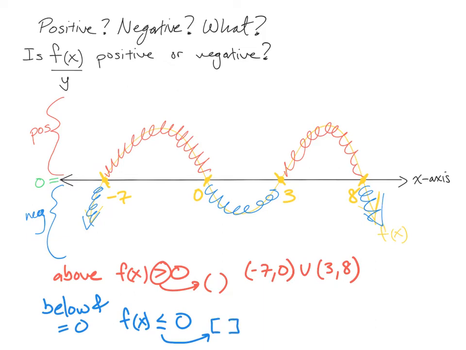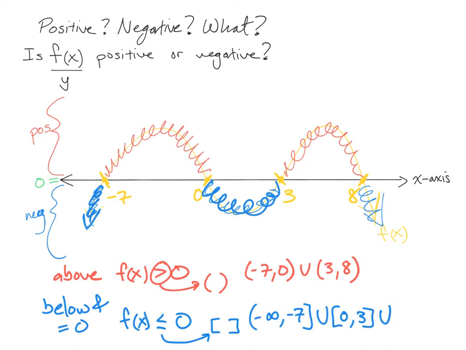And in this case, that's all of this, so we would have to start at -infinity and stop at -7, and between 0 and 3, but we would include those values because of the equal to here. So 0, 3, and then lastly, we would have from 8 off to +infinity.